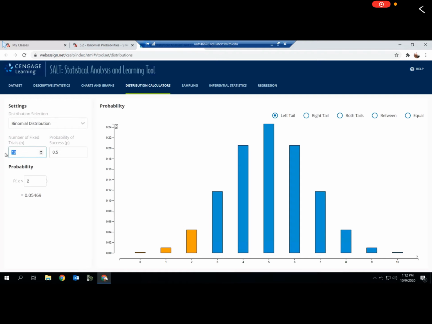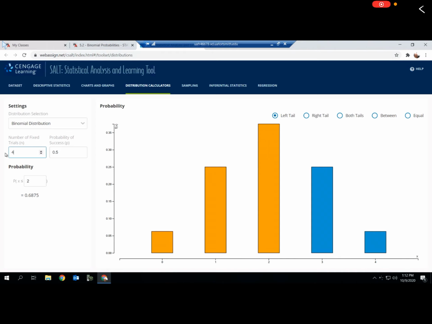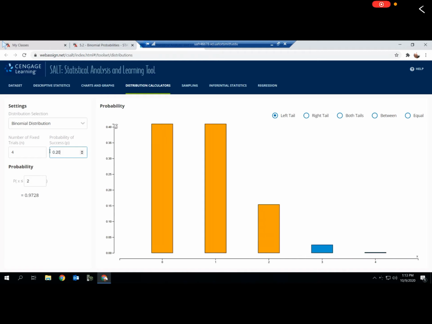Number of trials: there are 4 questions on the test. The probability of getting one right, and you can just override the number instead of using the up or down arrows, is 0.20 for 1 out of 5.